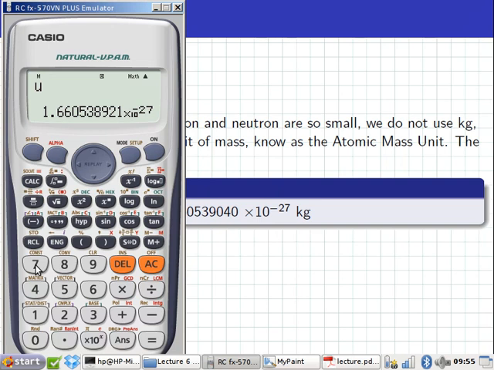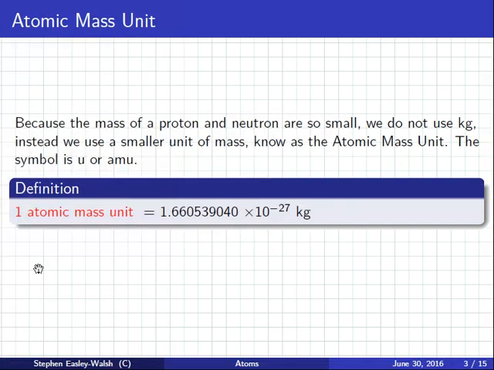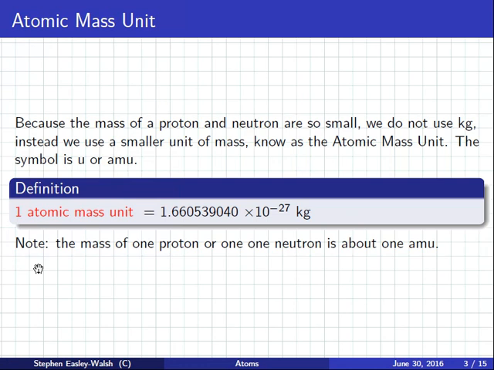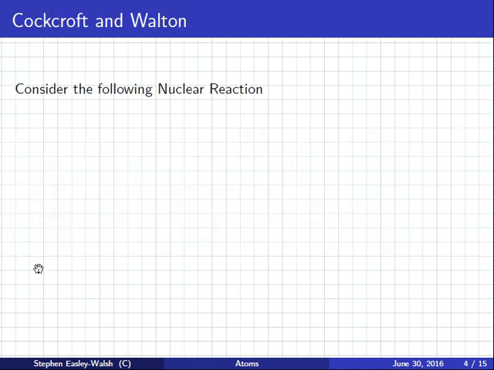You have it there. Okay, continue. Note, the mass of 1 proton or 1 neutron is about 1 AMU, but in fact it's not exactly 1 AMU. We'll get to the values later, but roughly, it's 1 AMU.